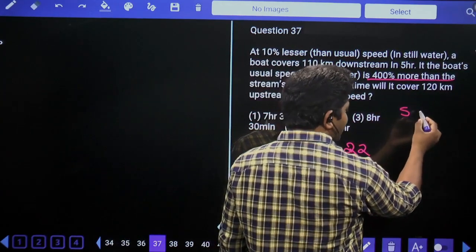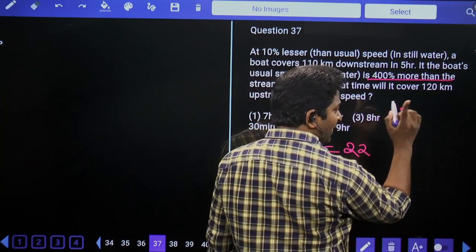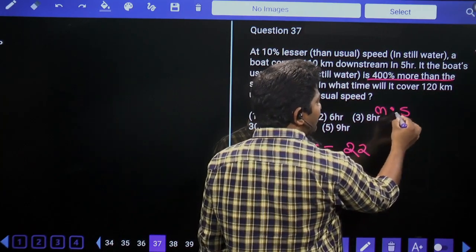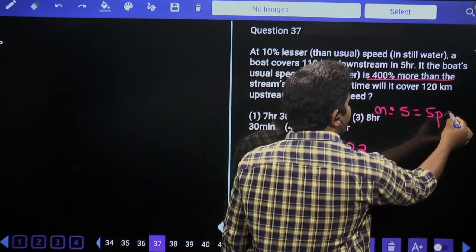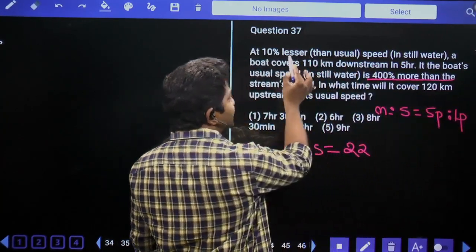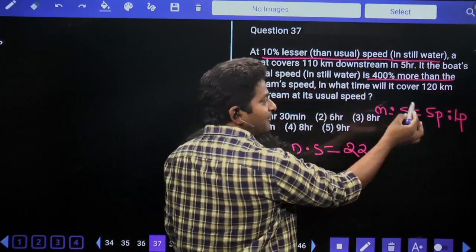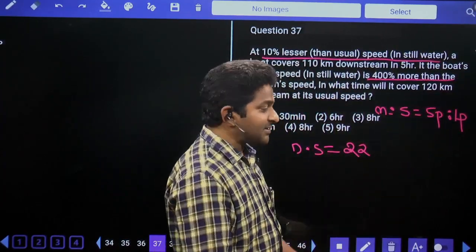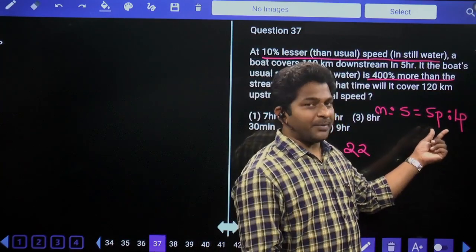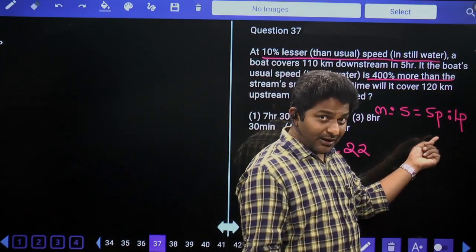So if the stream speed is 1 part, the man's speed in still water is going to be 5 parts. Now, according to the first condition, at 10% less than the speed in still water, which is 5 parts, 10% is 0.5 parts. 0.5 parts less is 4.5.